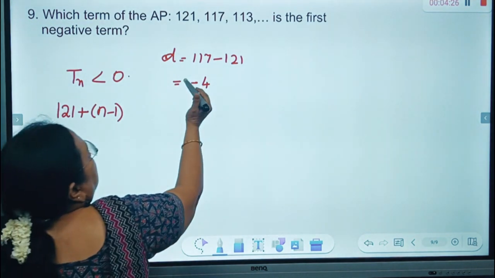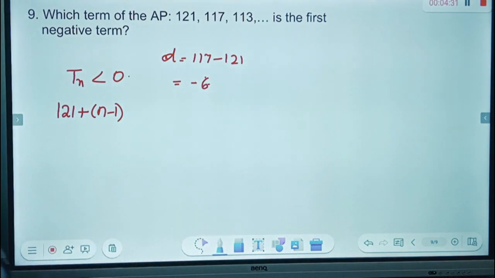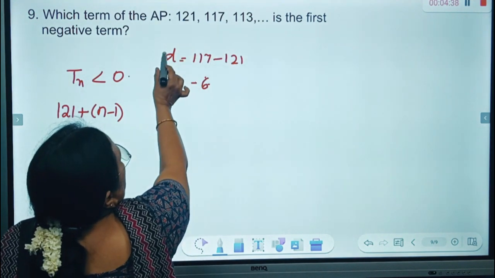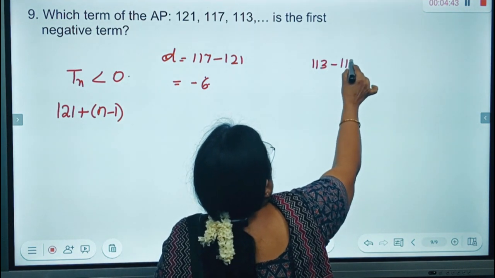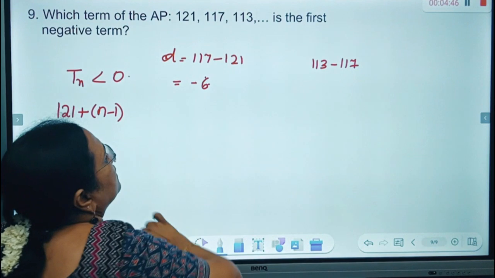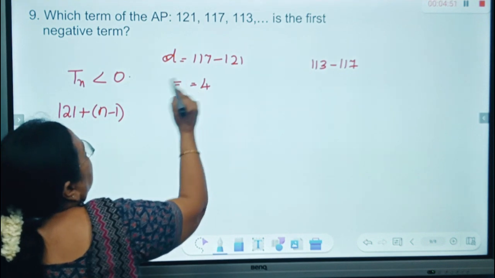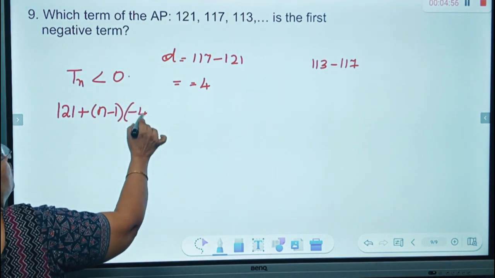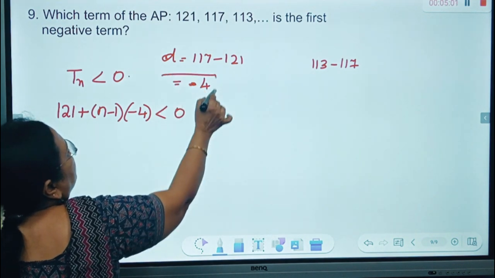Sorry, 113 minus 117, which is also minus 4. Therefore, this will be (n minus 1) into minus 4 less than 0.